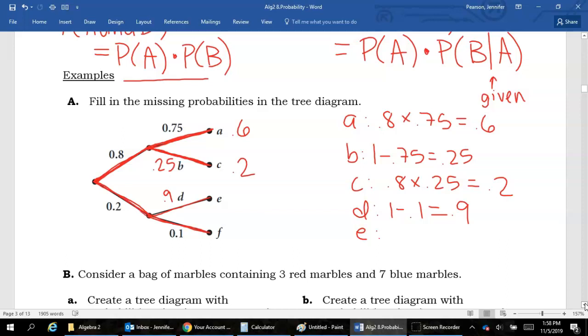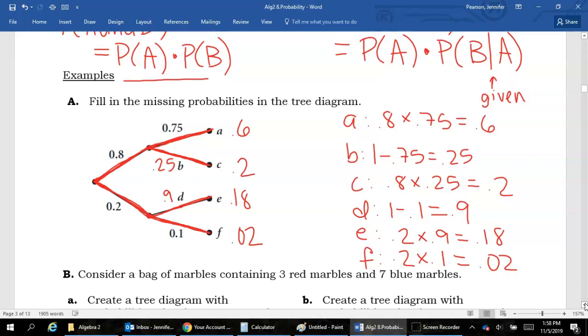So 0.2 times 0.9. And I'll label that over here. And the last one, to get to letter F, 0.2 times 0.1. So 20% times 10% is 2%.